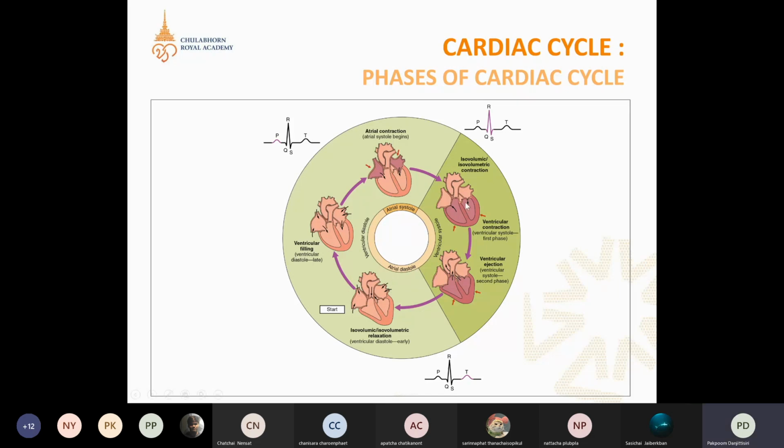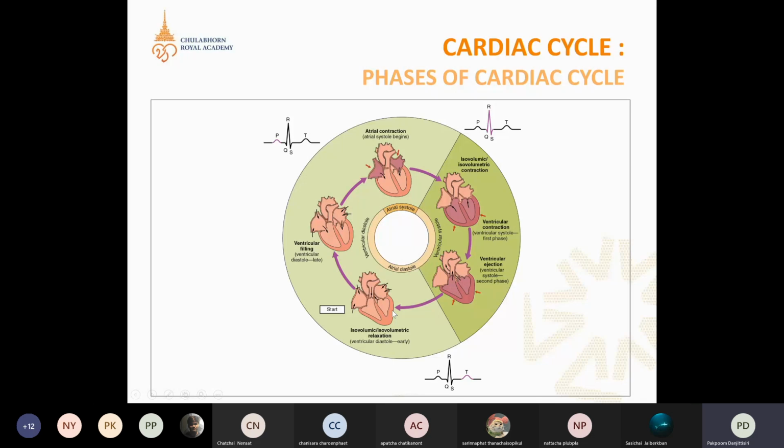You see this? After that, once the ventricle can build the pressure higher than the aorta, the ventricle will eject the blood out into the aorta. And this is the end of the systolic phase of the ventricle.